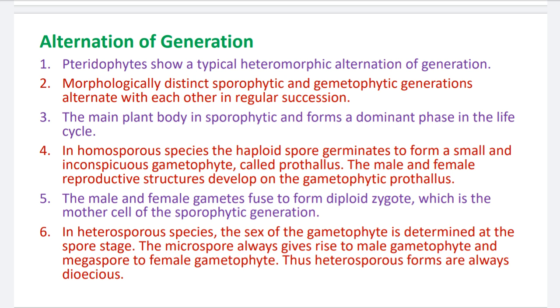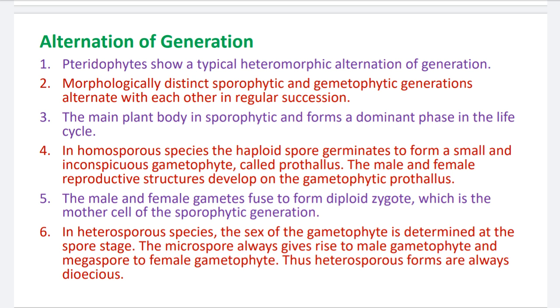Number 3. The main plant body is the sporophytic, which is the dominant, nutritionally independent plant body, and forms a dominant phase in the life cycle. So the dominant phase in the life cycle of Pteridophyta is the sporophytic plant body. Generally we observed this in the different types of pteridophytes.